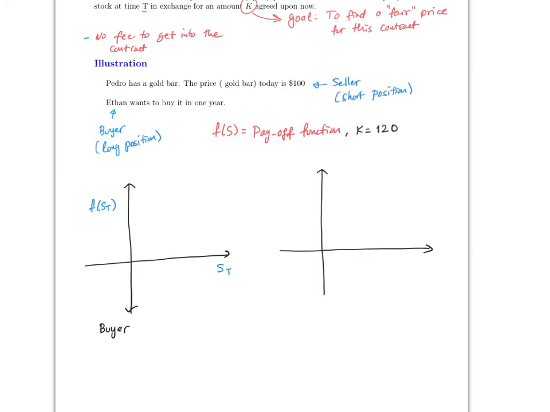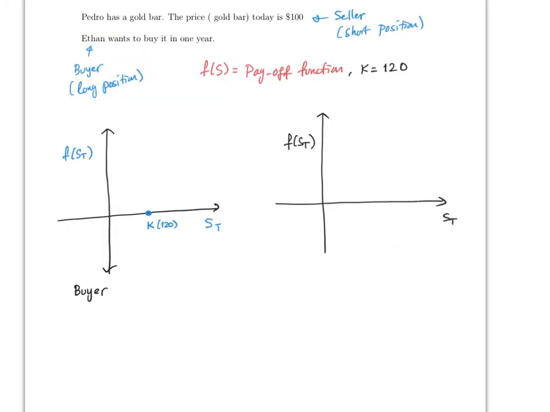Same thing, f of S_T. Now let's say that K equals 120 is right here. So let's say that in 1 year, the price of gold, which this represents the price of gold at time T, is 120.